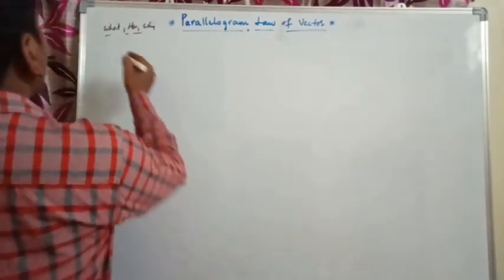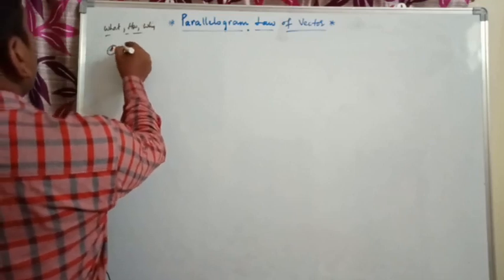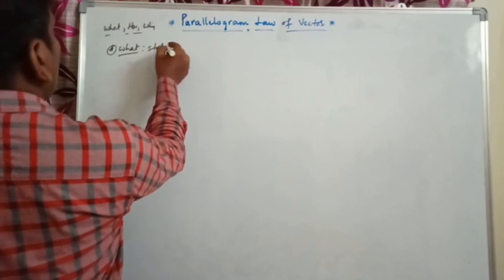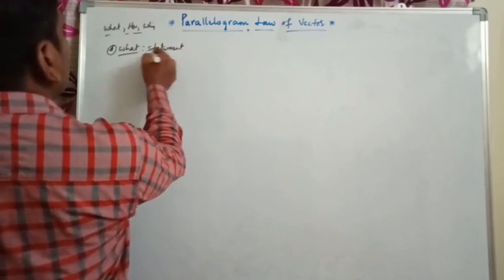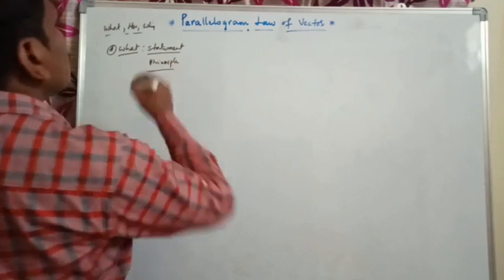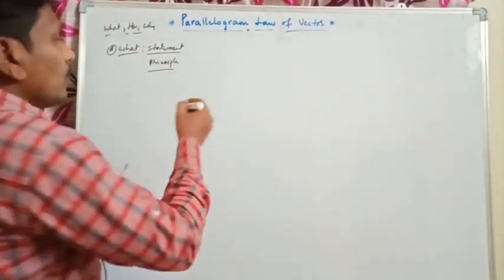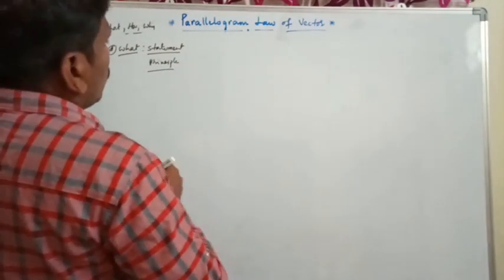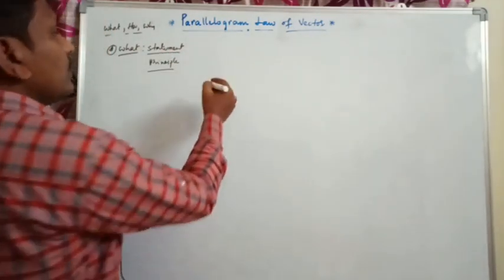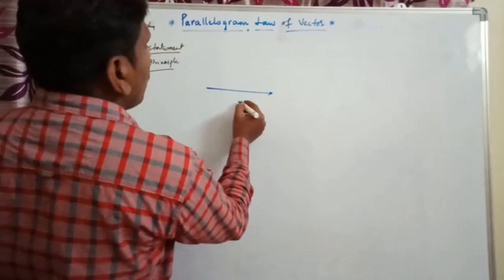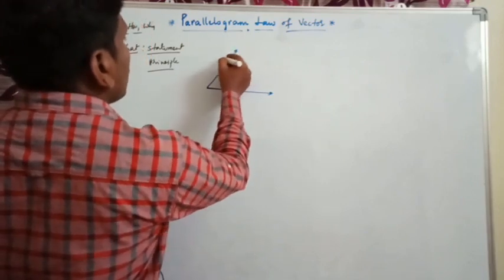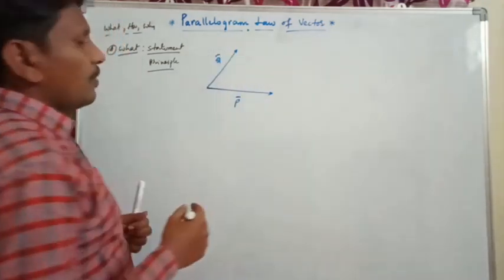The first one is, what is the statement, otherwise called the principle, of the parallelogram law? We can understand that by drawing the diagram. Let us consider this is a vector P bar and this is a vector Q bar.